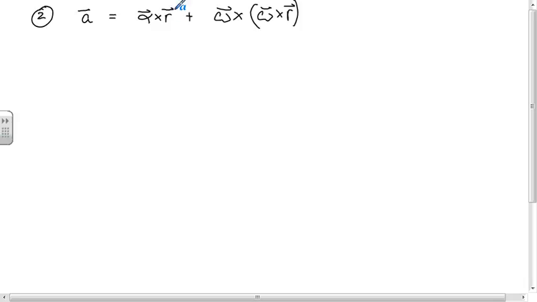So this represents a circular or spherical motion around a point, and you can break it up into two pieces. This one is the tangential acceleration, and this one is the centripetal acceleration.